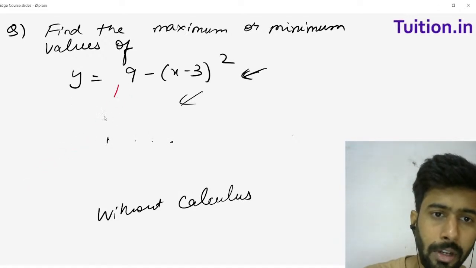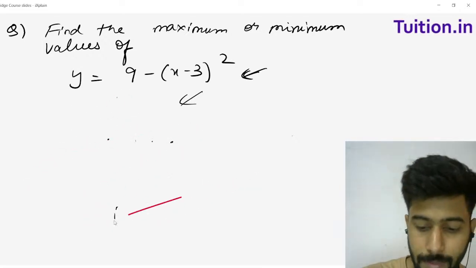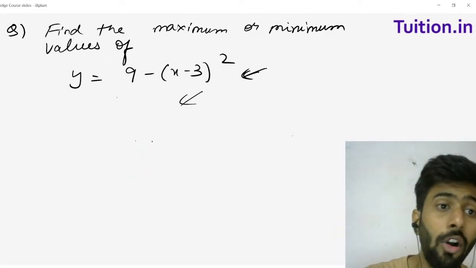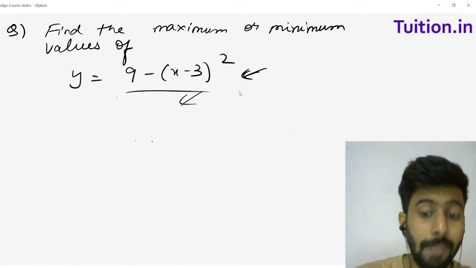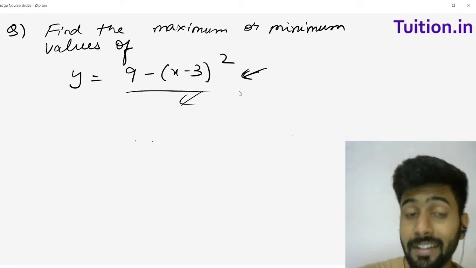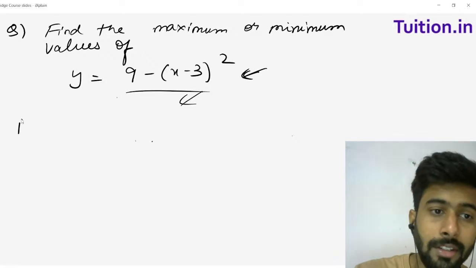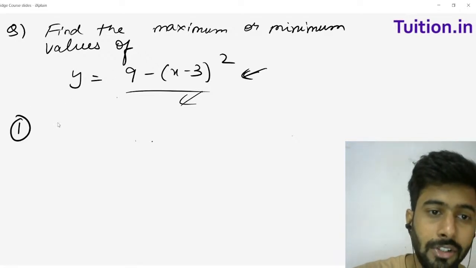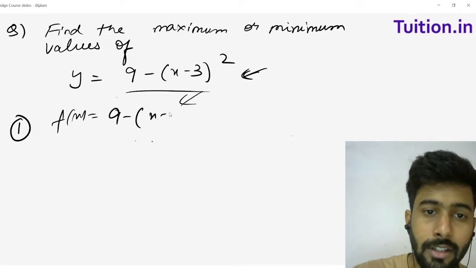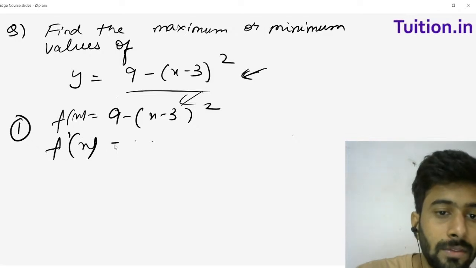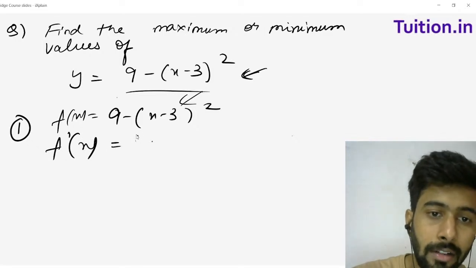So what is step 1? What is the first step involved in calculating maxima and minima? I don't know whether this function has a maxima or a minima, or whether it even has one of these, right? So for that, step number 1 is I will differentiate this function. What is my f of x? 9 minus (x minus 3) whole square, correct? So I will differentiate this, and what will I get? 9, if you differentiate, it will become 0, then you have a minus sign, fine.